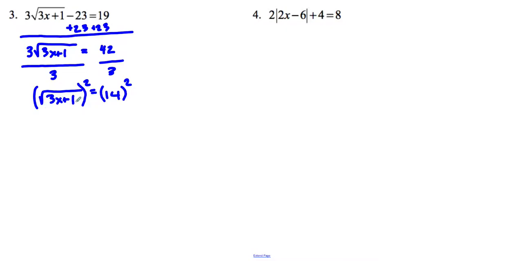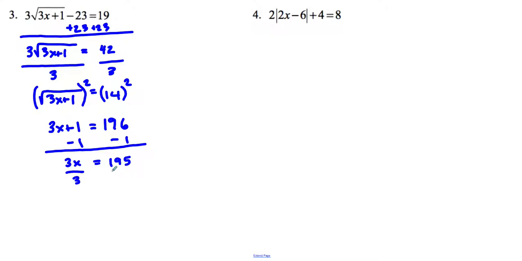We square this side and we're left with 3x plus 1. And when we square 14, we get 196. Now we'll subtract 1 and then divide by 3 to get our answer. So divide each side by 3.